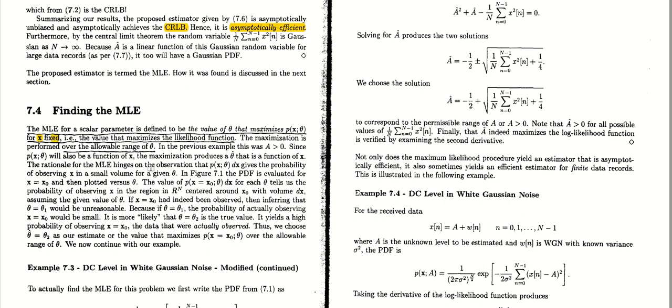Because as we mentioned, while you are doing estimation, you take measurements, but when measurements are given, they are considered constants, right? As a result, your PDF becomes a function of the parameter.